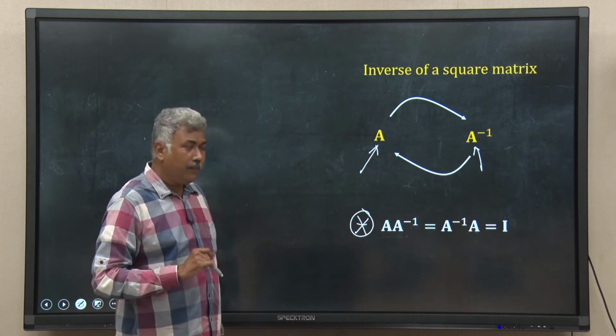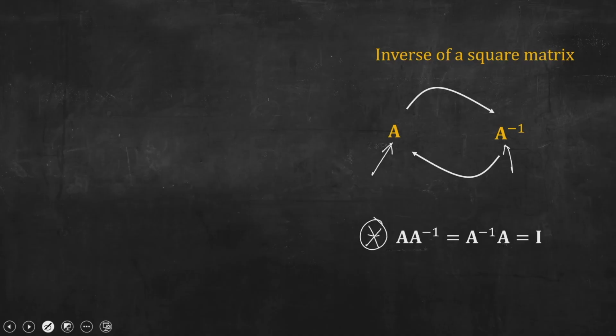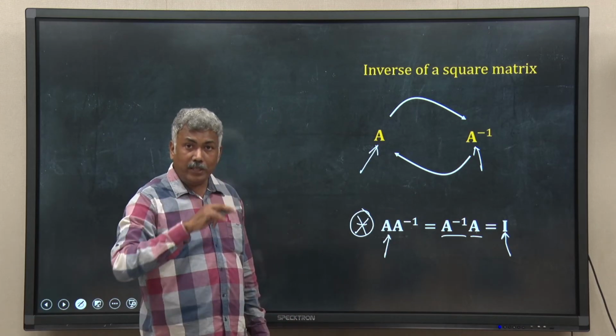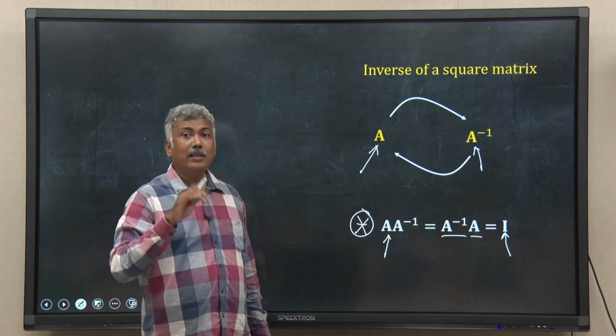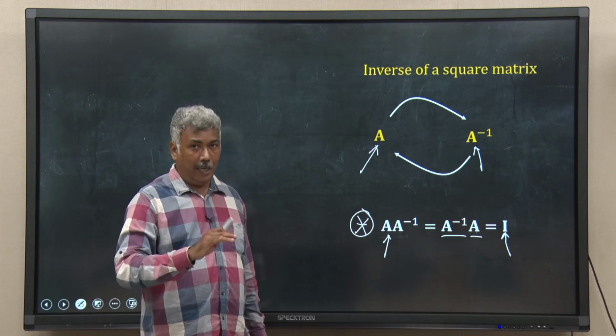This relationship says that if I multiply A with A inverse, and that is equal to A inverse into A, and both of these are equal to the identity matrix I, then this A to the power minus 1 that I have written will be called the inverse of matrix A.